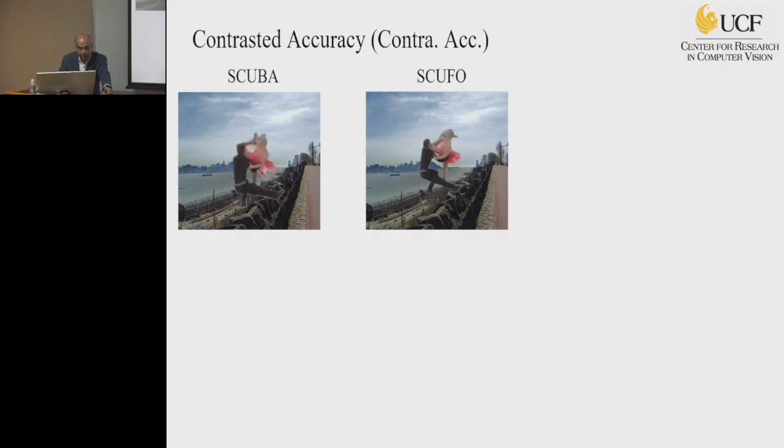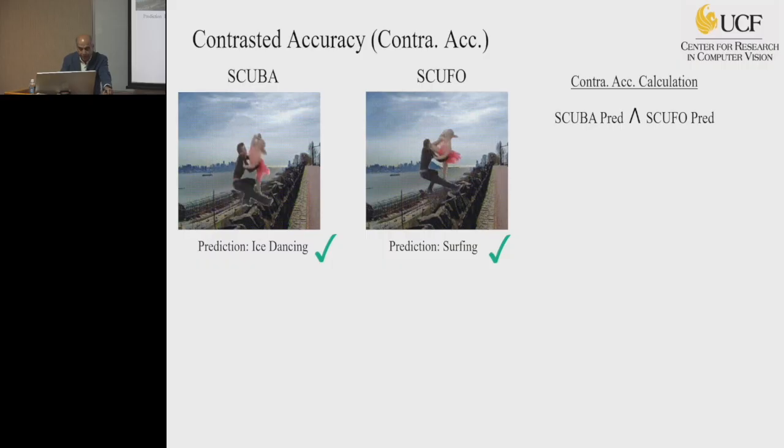The next one is contrastive accuracy. So we'll have SCUBA and SCUFO, and if the prediction is ice dancing, that's correct, even though the background is not good. And the prediction here is surfing, that's correct, because the background is there. Then we look at the SCUBA prediction.